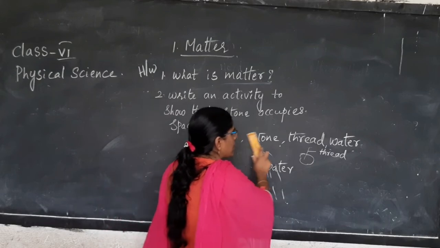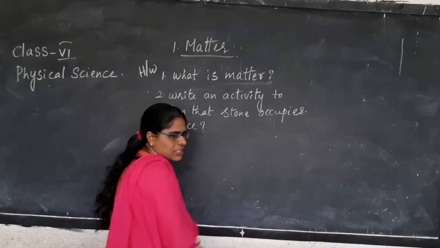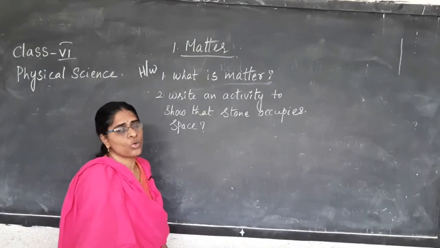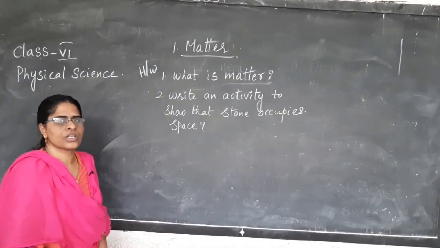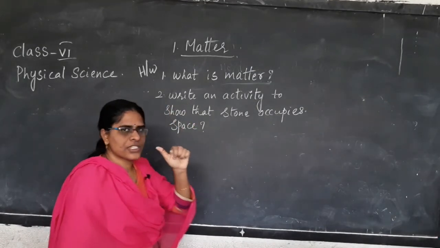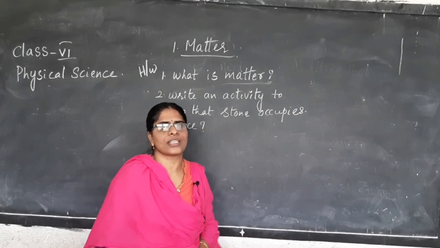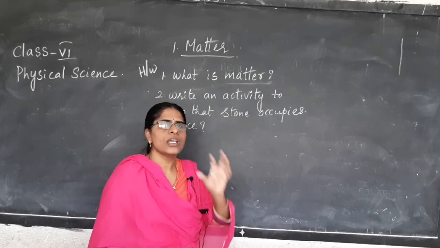Whatever activity I have told you, write the same activity in your own words. Okay, children? How I told you: first the aim, materials, procedure, and the last thing, observation and the result.